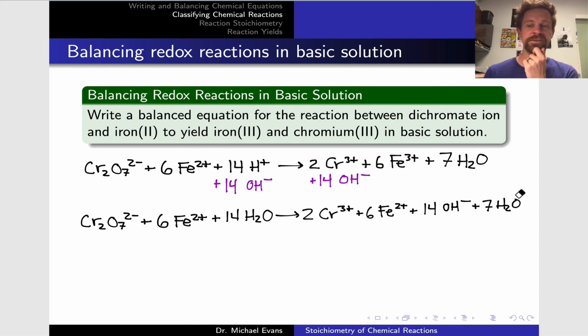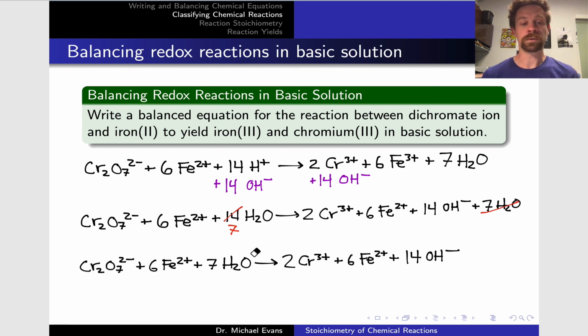Now we see we have 7 waters on the product side and 14 on the reactant side, and so we can subtract out 7 of the waters to leave us with 7 waters on the reactant side and none on the product side, leaving us with our overall balanced equation. Dichromate, one of those, plus 6 Fe2 pluses plus 7 waters goes to 2 chromium 3s, 6 iron 3s, and 14 hydroxides.